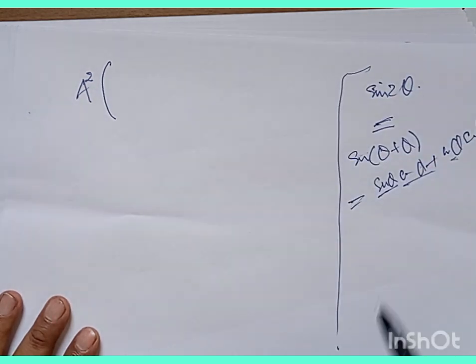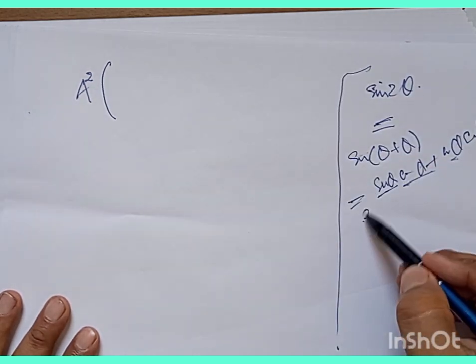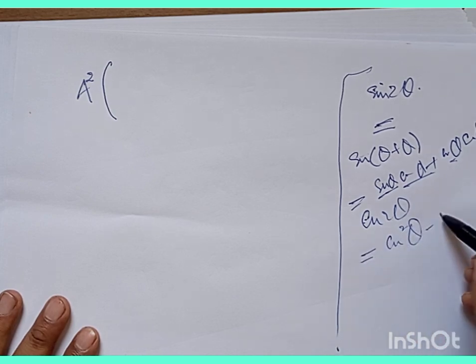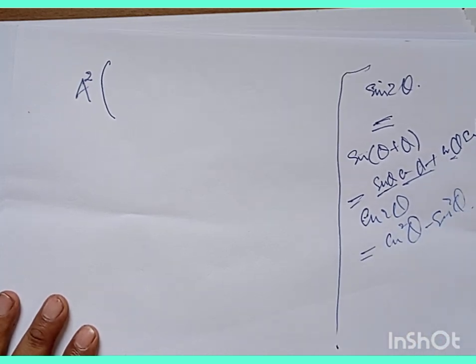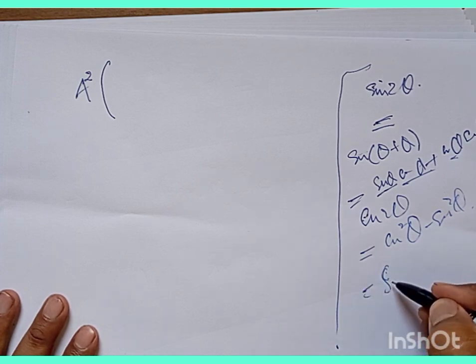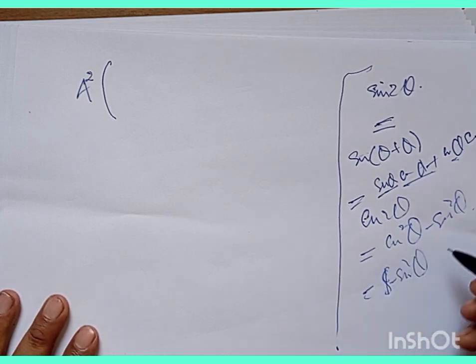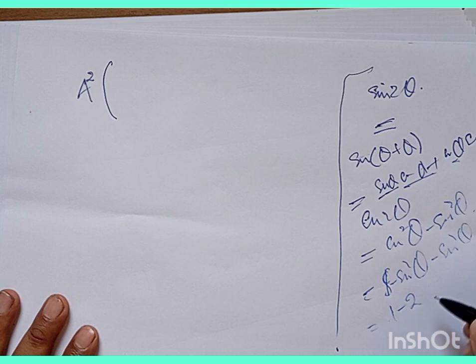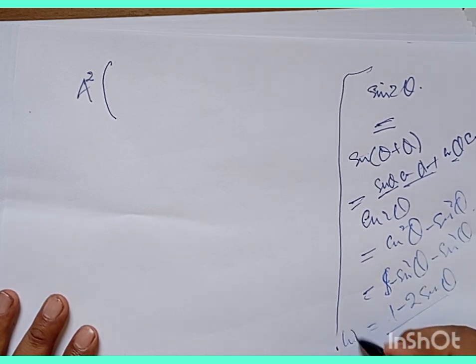So this will not work here. I think we have cos 2θ. Cos 2θ gives us cos²θ minus sin²θ, which is 1 minus sin²θ minus sin²θ. So we will have 1 minus twice sin²θ equal to cos 2θ.